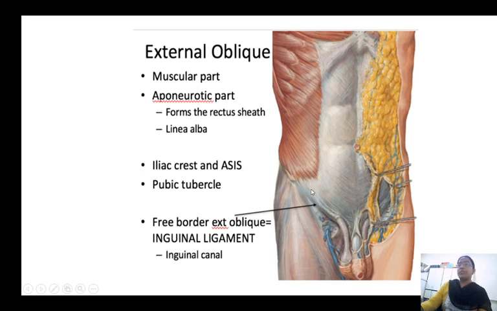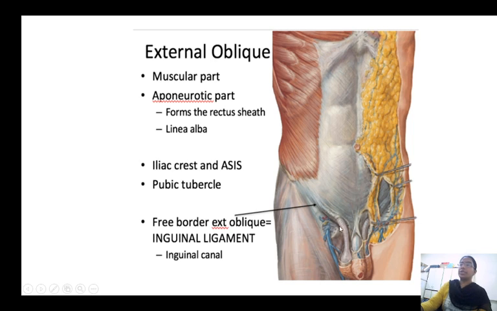But coming to the lower fibers, along with the lower part of the aponeurosis, they come downwards and get thickened. The external oblique aponeurosis gets thickened, folds on itself and forms a ligament called the inguinal ligament. This inguinal ligament extends from the anterior superior iliac spine to the pubic tubercle.